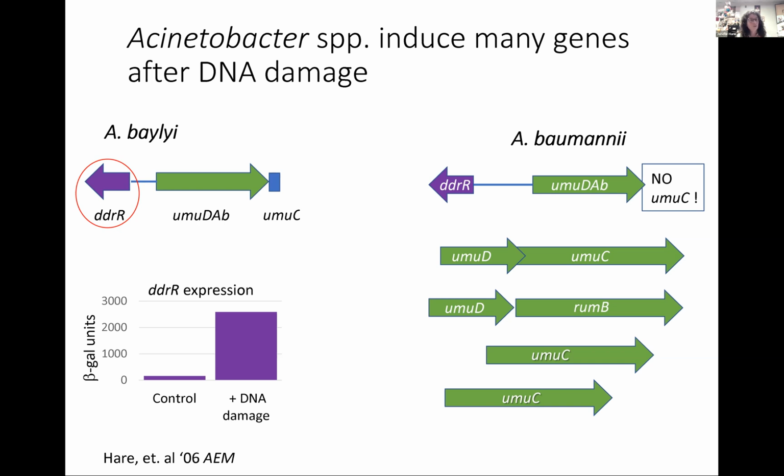So for some reason, the cells want to make more of it after DNA damage, probably has some role. And actually, all the genes on this slide are induced after DNA damage. All of these polymerase genes and UMUD-AB and DDRR. So we're trying to figure out how these genes are working together. If they're working together, what are they doing to provide an adequate response so these cells can stay alive after DNA damage?